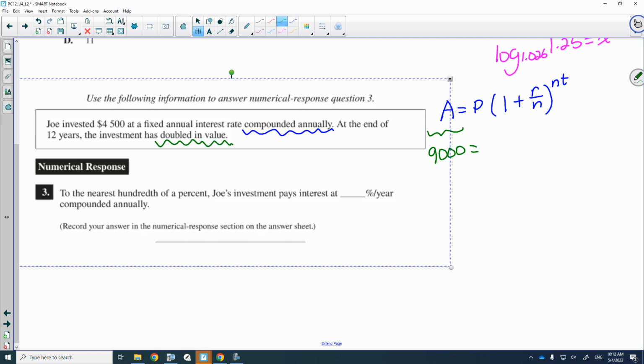The initial was a principal amount, it'd be 4,500. 1 plus, what we're figuring out for this question is what is the rate? Now, what would my N be for this one? What's my number of compounding periods if it's compounded annually? N would be 1. So to make it simpler for us, N is equal to 1.